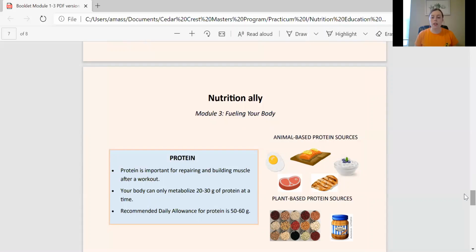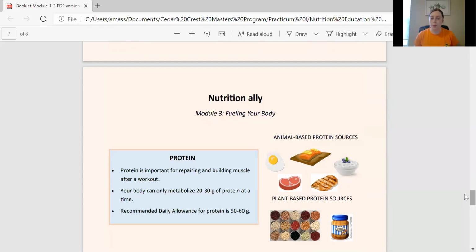Now, I also wanted to touch upon the different types of proteins, and this is animal-based proteins and plant-based proteins. So for the animal-based proteins, obviously they come from animals. So these are things like eggs, dairy, chicken, fish, as well as your red meats, so pork and ground beef, things like that.